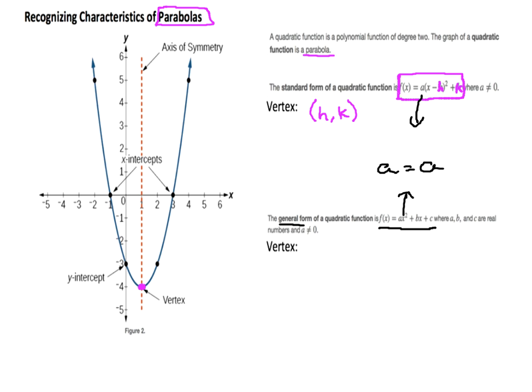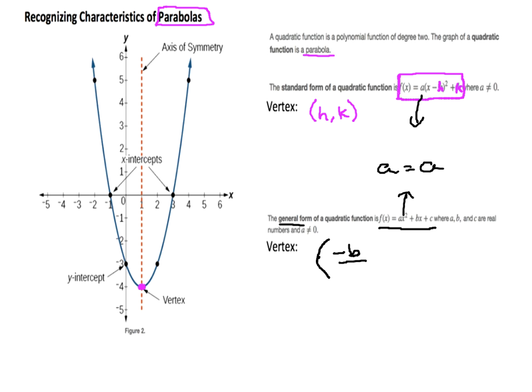Okay, so the vertex from the general form is a little trickier to get, but it's not too bad. We actually have to use a little formula to figure out what the x and the y coordinates of the vertex are when it's in this general form.